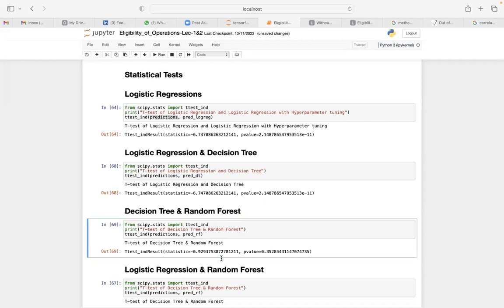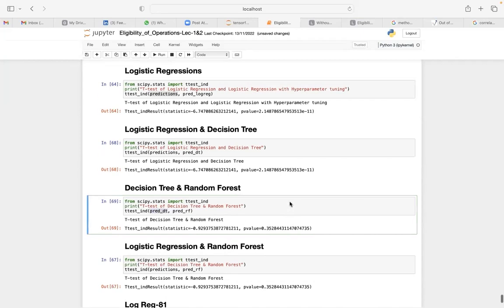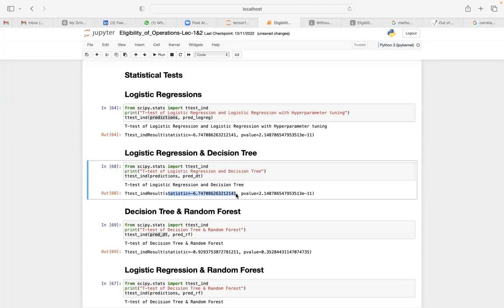No, sorry, it is decision tree with random forest. Sorry, I did it wrong. So the difference can be positive or negative. That's not the point. This statistic value, the t-test statistic value, if it is above 2, then it is a strong indicator that the predictions you have made are statistically significant.